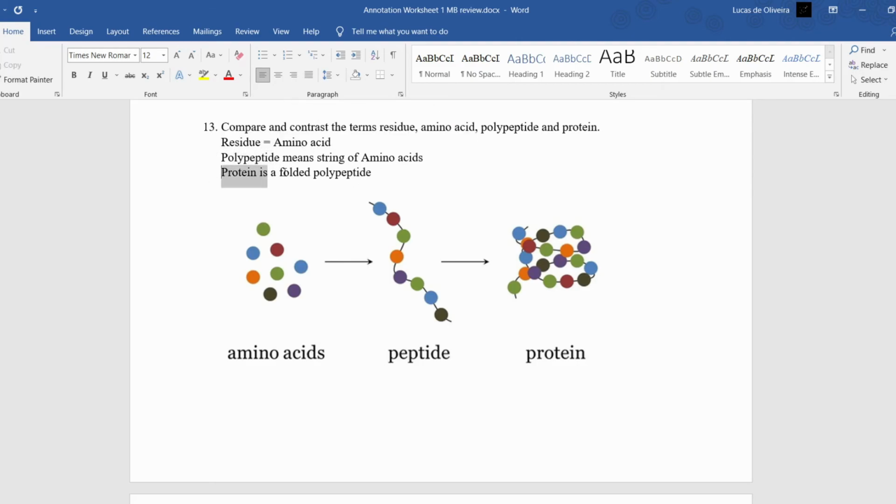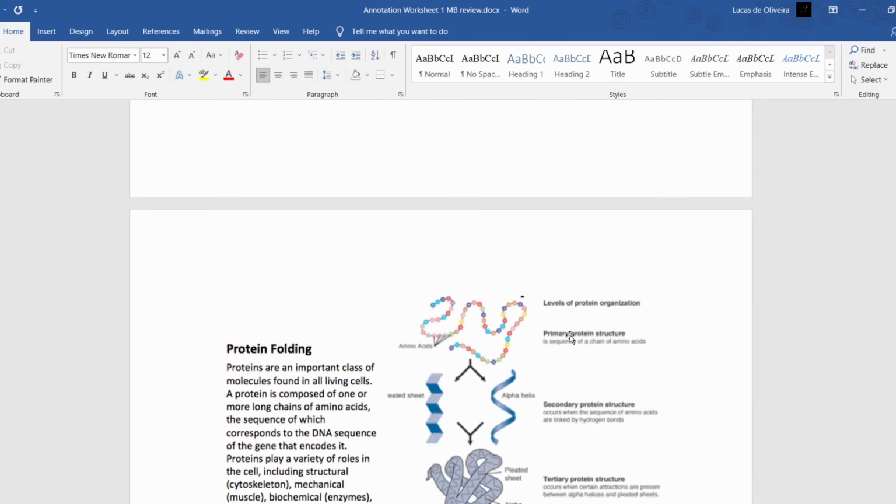And then a protein is when you have a complete polypeptide. Polypeptides can be incomplete. There's no rule as long as there are multiple of them in a row, that's a polypeptide. But a protein is specifically a folded, functional polypeptide that has a certain structure.